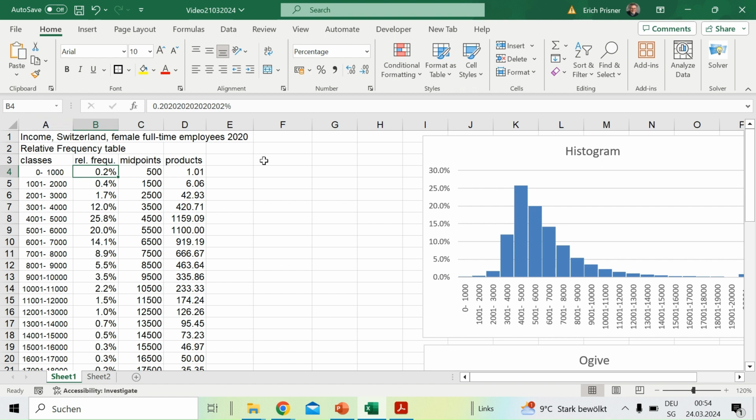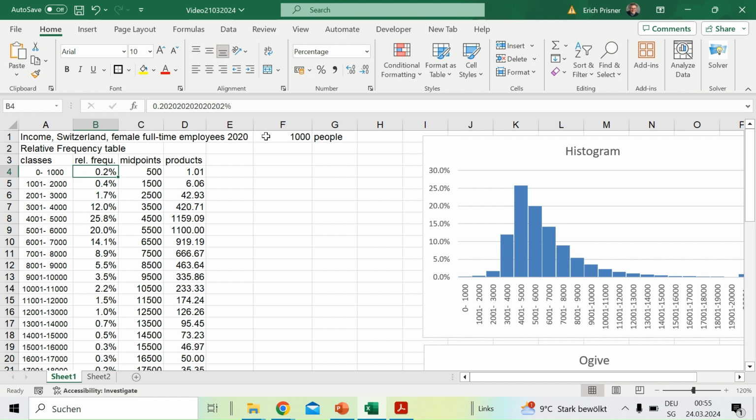So if we want to make things a little more concrete, we just assume that we have 1,000 people. 1,000 is a good number, I suppose, because here we have percentages like 0.2%. So 0.2% of 1,000 is just 2 people. So we go from the relative frequencies to the frequencies.